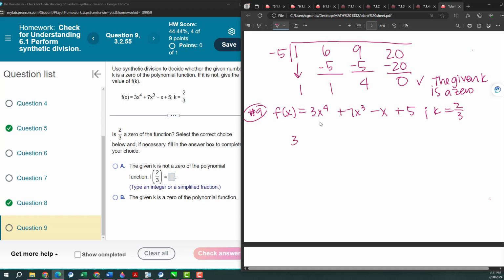All right, I've got 3x to the 4th, 7x cubed, negative 1. Oh, we've got 0 for x squared. So nothing for x squared, negative 1 for x, and then positive 5. And then our k is 2/3.